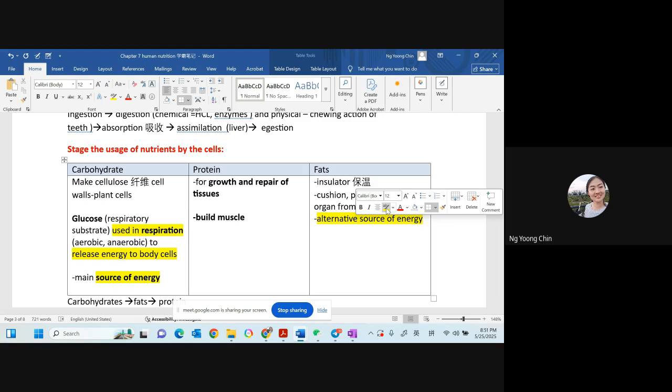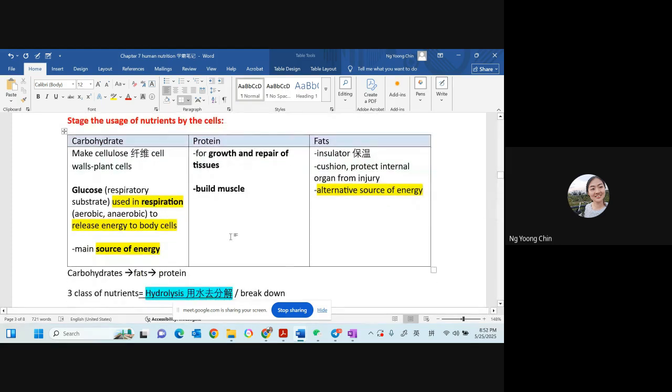It's because whenever your body fully depletes its carbohydrate source, what will happen? For example, if you didn't eat your meal for about 1 day, you must feel very, very hungry, right? So what will happen? Your body will burn the carbohydrate stored in your body, like the glycogen, right?